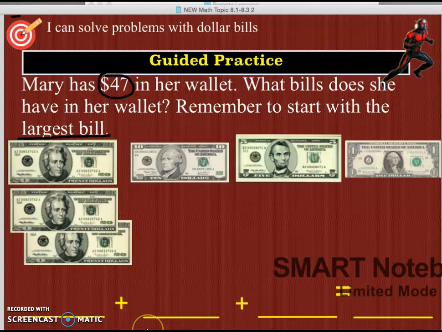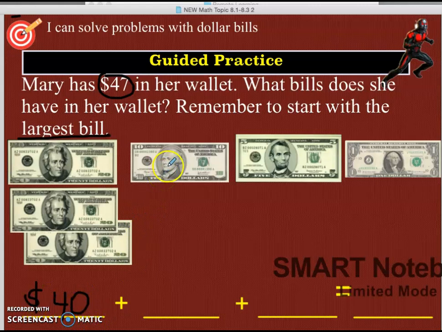So we need how many $20 bills? 1, 2. The value of two $20 bills is 20, 40. So we're going to put $40. And we don't forget our dollar sign.